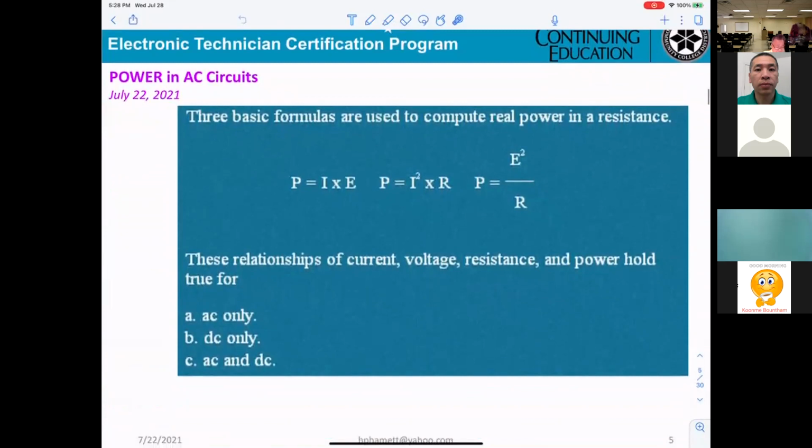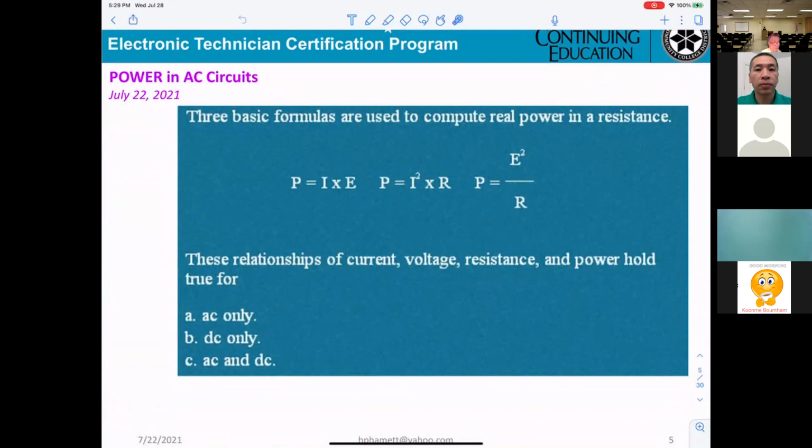Okay, so three basic formulas we already know. This relationship of current, voltage, resistance, and power holds true for A, B, or C.